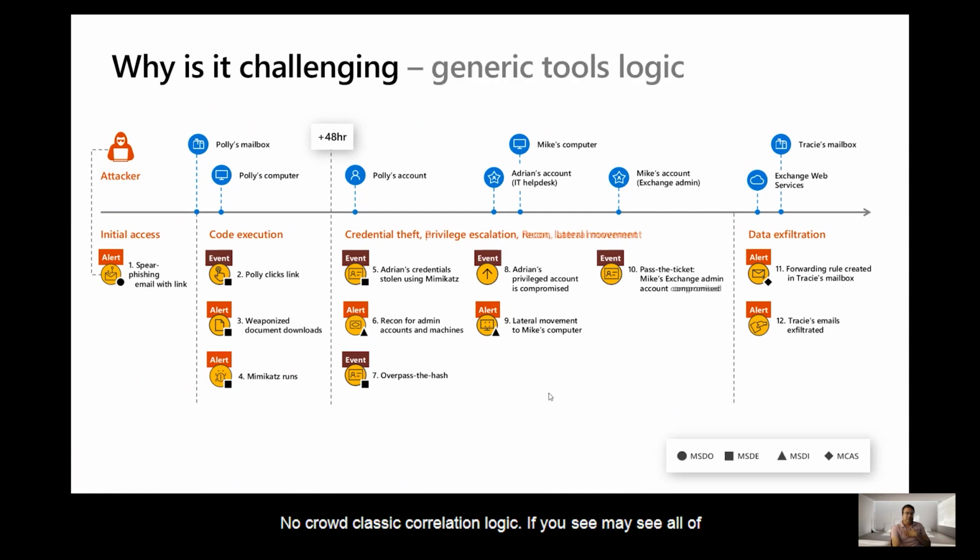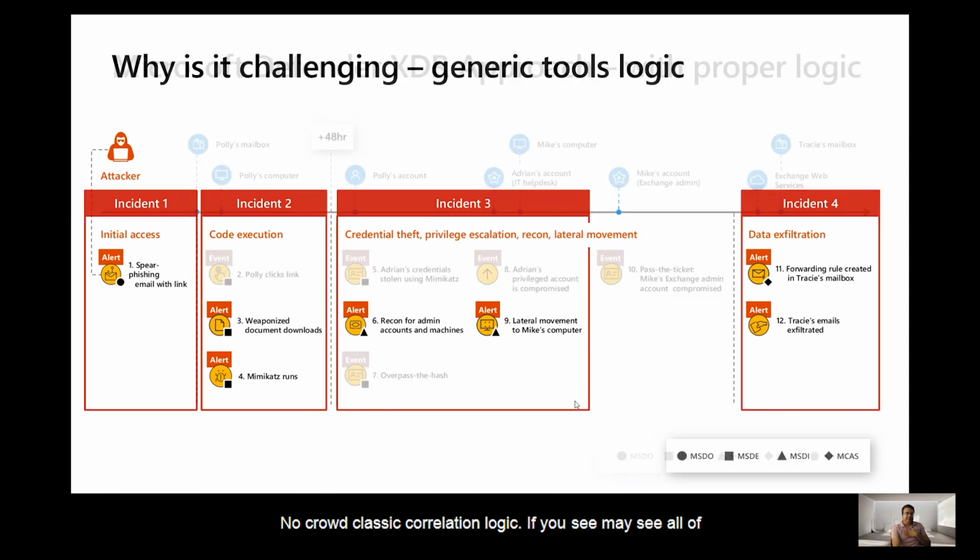Now, classic correlation logic may see all of these as different incidents altogether, because the bare metal correlation logic will say, okay, fine, these are existing and happening in different sets of security solutions, and probably they're happening at the same time across a set of machines and accounts.